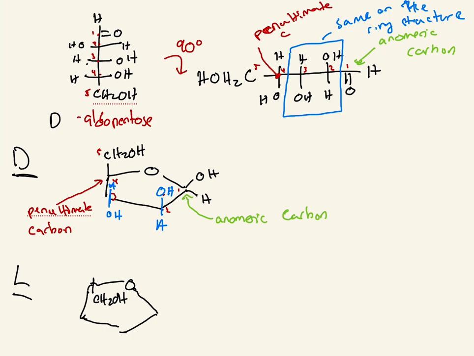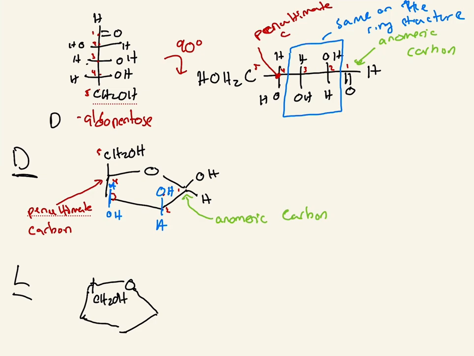And this hydrogen has been excluded from the ring, because we're taking this carbon and bonding it to this penultimate hydroxyl group. If we have an extra CH2OH group, as we do in a ketose, where do you think that's going to go on our ring structure? It's going to go off the ring right here, because it's being excluded the same way this is.